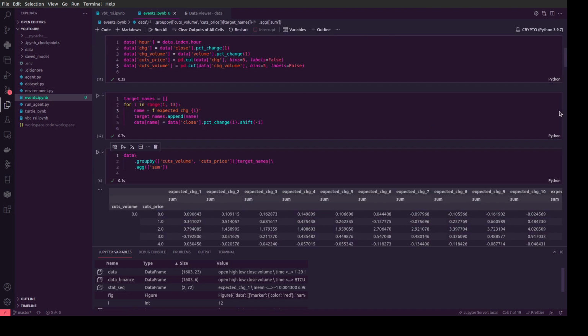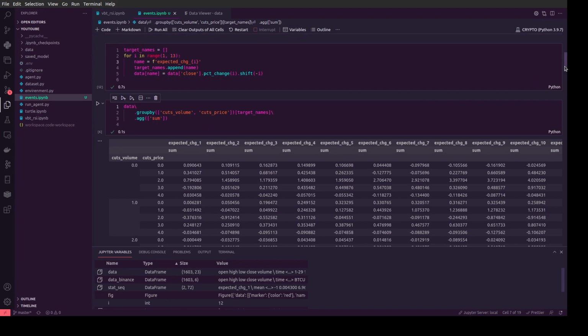Let's analyze it. For example, I'll show you. We use the data and group it by these columns, like the quantile for volume and the quantile for price, and we input the target names, and for example we calculate the sum. It means the cumulative returns at the end of the period, what happens over the period.